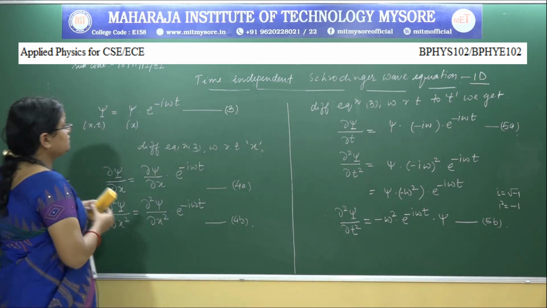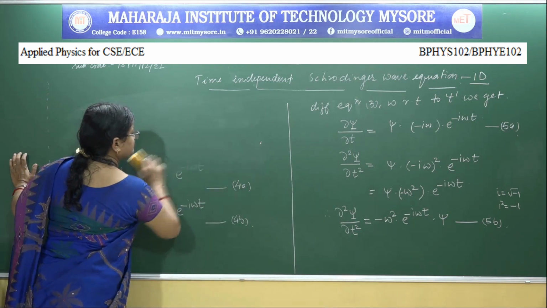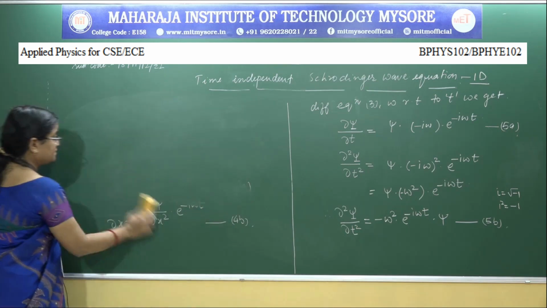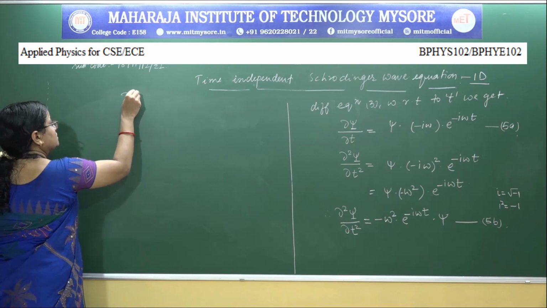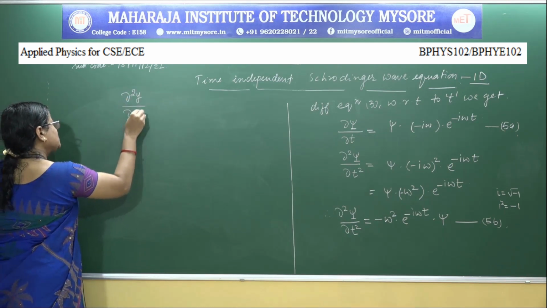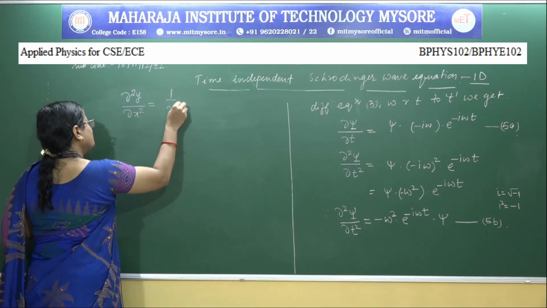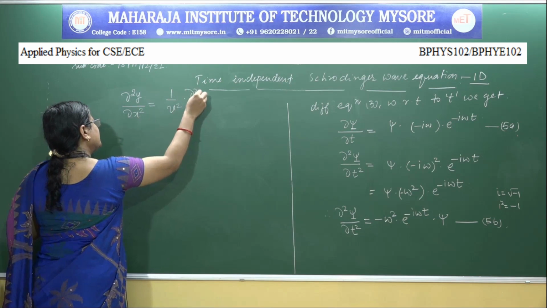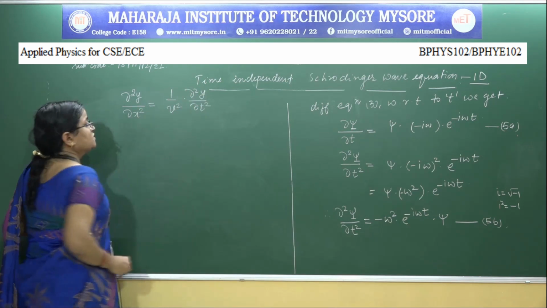So what is the equation of the travelling wave in the wave theory? It is dou square y by dou x square equal to 1 by v square dou square y by dou t square.